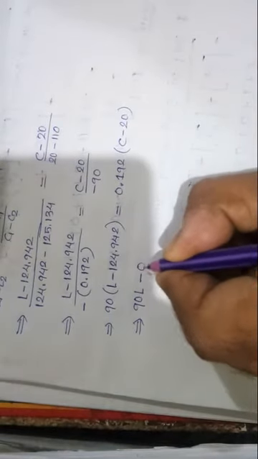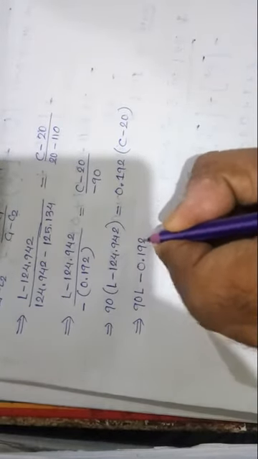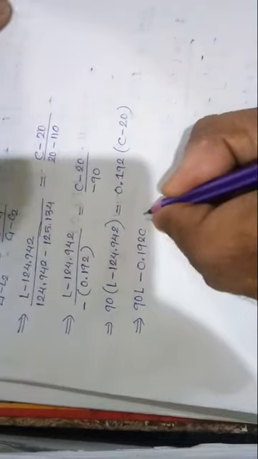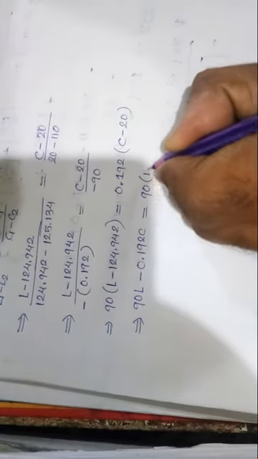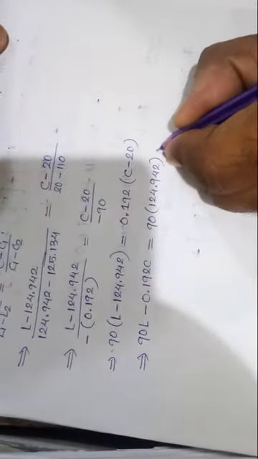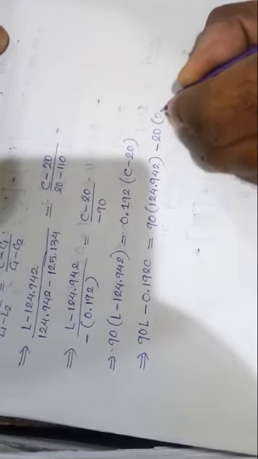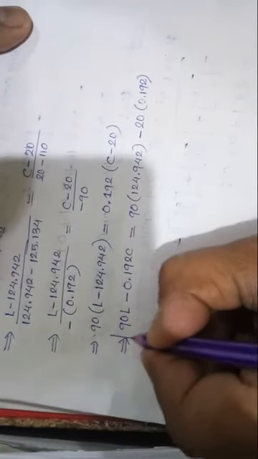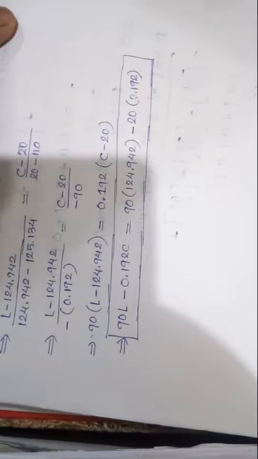Then minus 0.192C. And if we write this term on that side, then 90 into 124.942 is this value, and minus 20 times 0.192 is another value. Now I think this is the linear relation between L and C, length and temperature in Celsius.